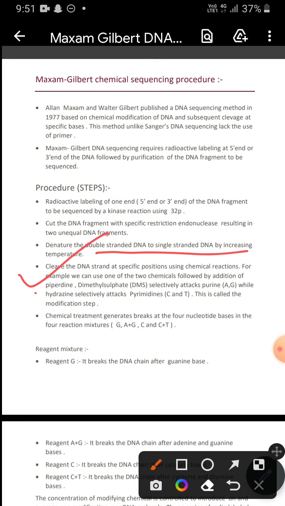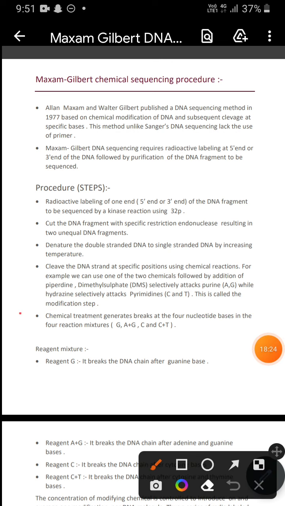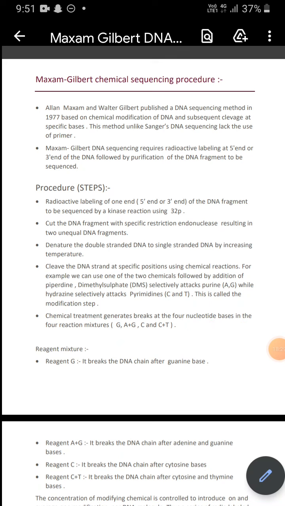Here dimethyl sulfate and piperidine that we have discussed selectively attack purines, and pyrimidines are attacked by hydrazine. This process is called chemical modification, and this chemical treatment will generate breaks at the 4 nucleotide bases in the 4 reaction mixtures.